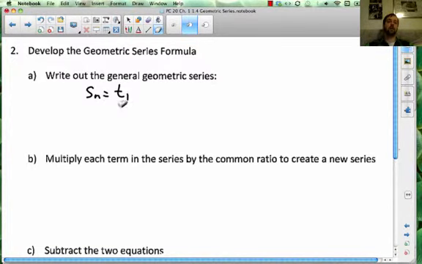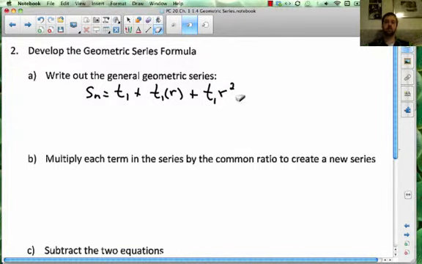So we take our first term, t1, and we add it to our second term. And our second term is always the first term times the common ratio. So the second term is t1r. Okay? Now the third term would be t1 times the common ratio twice. So the third term is t1r squared.